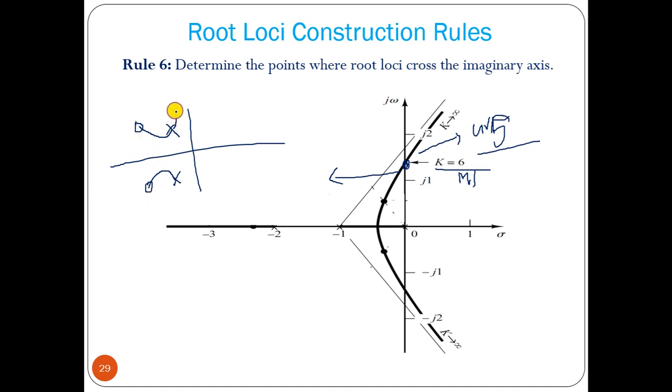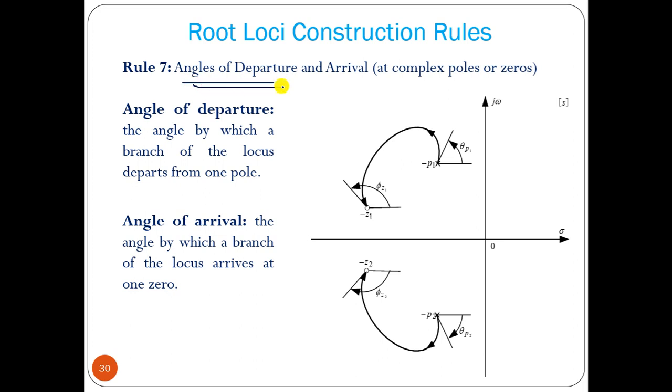Now at what angle should it reach? That means at what angle this pole should leave its position, and at what angle it should arrive at the zero. That's why we have these two concepts: angle of departure and angle of arrival.